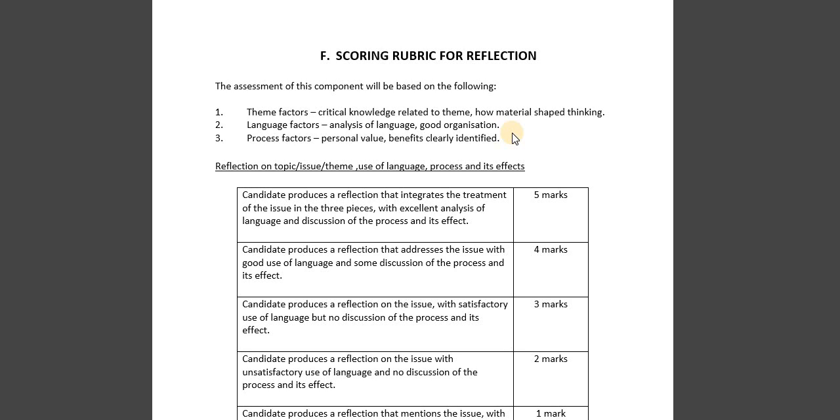So based on the mark scheme, my final conclusion, and correct me if I'm wrong, is that in the reflection, you include all three pieces, and in each paragraph, you analyze a different aspect of the pieces. And I'm going to go back to the blog so that we can look at what we're supposed to put in each paragraph.